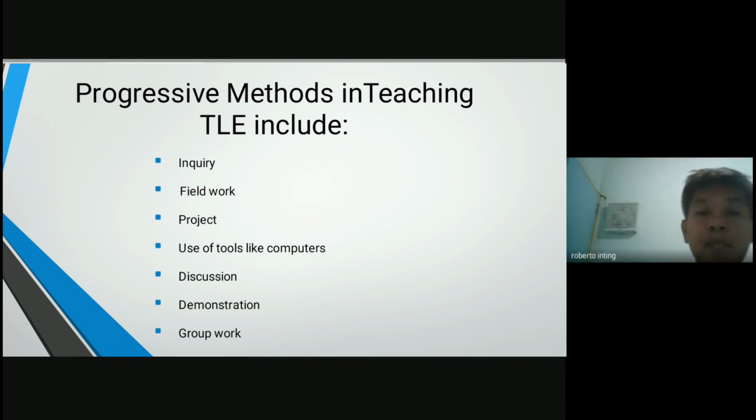The difference between traditional and progressive methods of teaching. In traditional, teacher-centered, bigger class size, isolated curriculum, subjects are taught separately. Product-oriented, learning of skills by repetition, concepts are presented as facts to memorize, then students are engaged in basic learning.